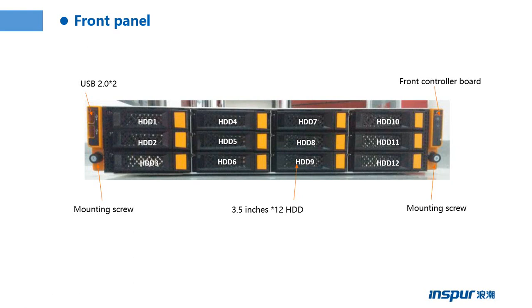We can locate the server from the UID button. Those are the hard drives. The slot order is following the picture. The hard drive 1, the hard drive 2, the hard drive 3, the hard drive 4, from top to bottom, from left to right.